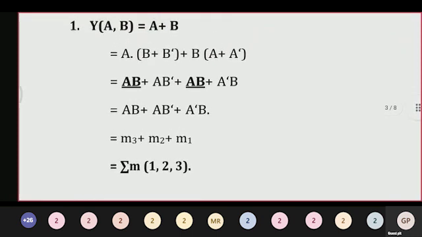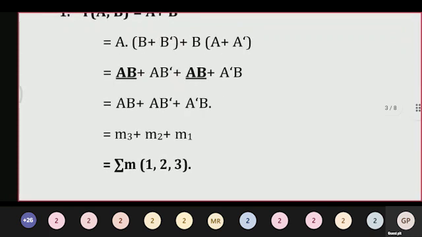In min terms, actual variable is represented as 1 and complemented variable represents 0. So for AB we need to put 1 1. 1 1 corresponds to the min term m3, and A B bar is 1 0. 1 0 corresponds to the min term m2.